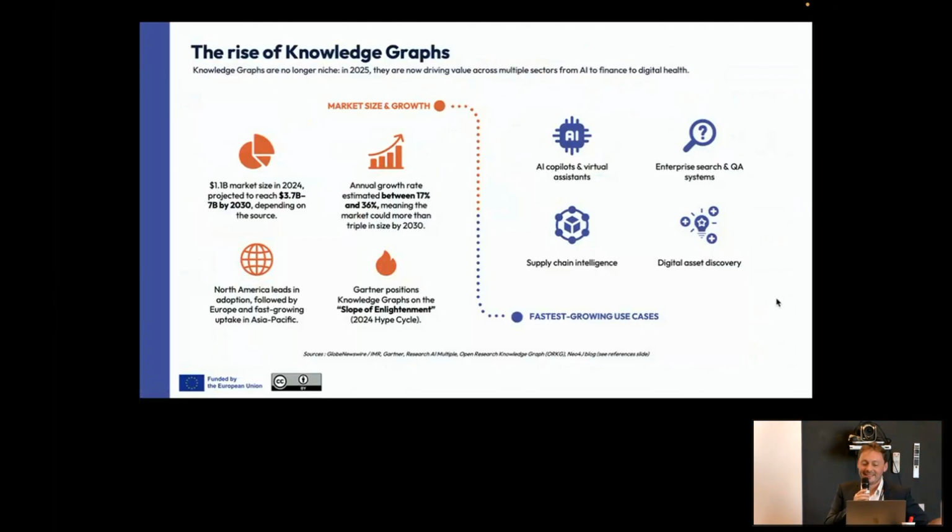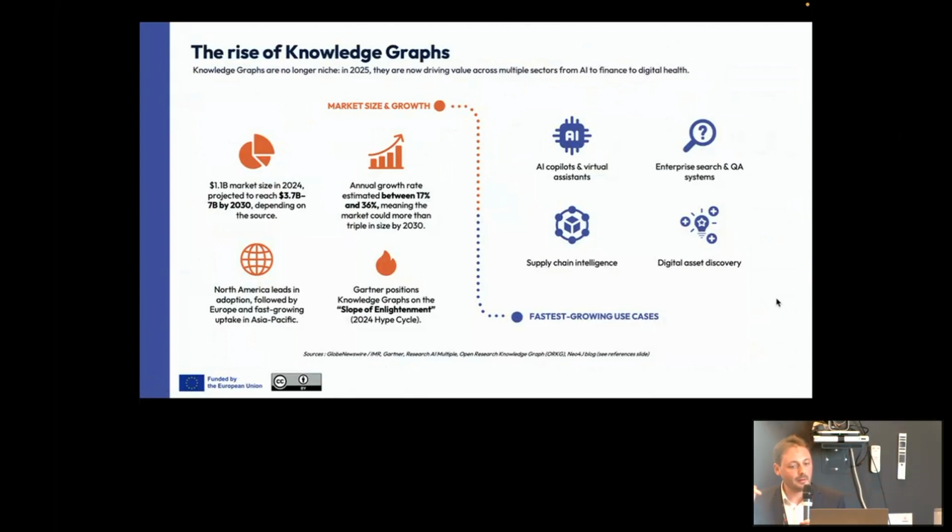Annual growth rates are steep, between 17% and 36%, meaning the market could more than triple in just 5 years in this domain. North America is leading the way in adoption, but uptake is rapidly growing in Europe and Asia Pacific. And it's not just hype, because Gartner placed knowledge graphs on the slope of enlightenment in the 2024 hype cycle. I think that we are past the buzz into real adoption around the world.